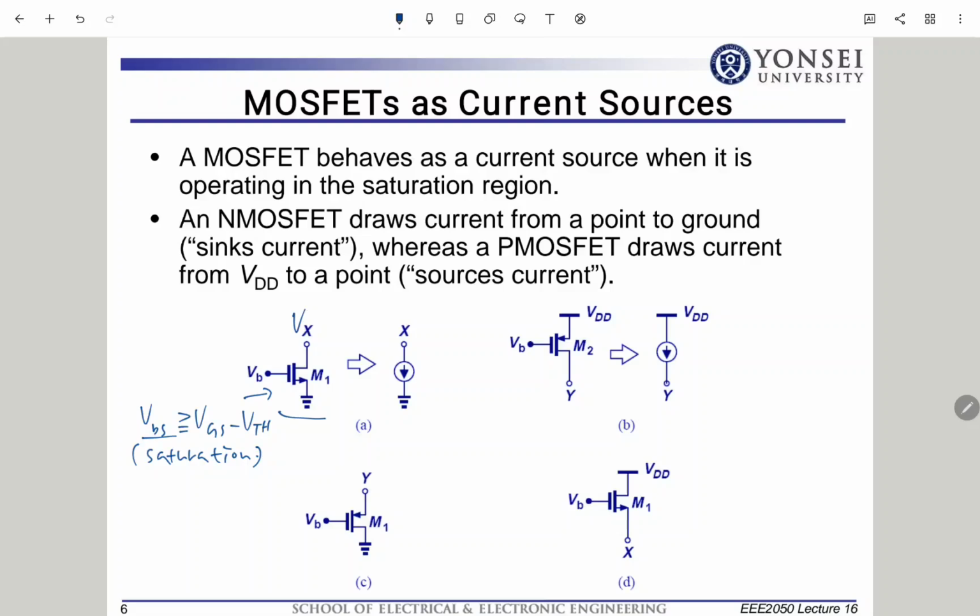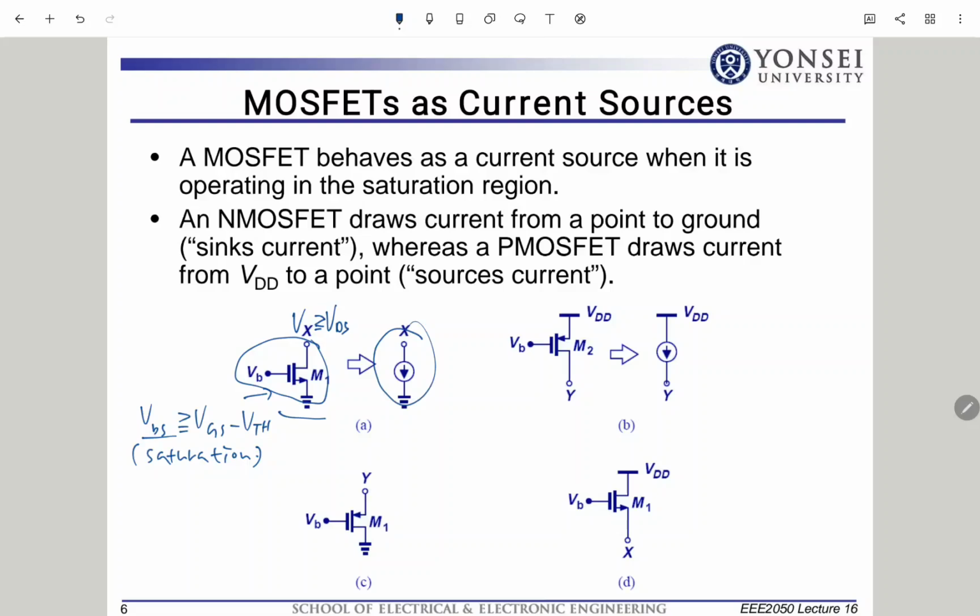Let's say Vx represents the drain voltage. If Vx is greater than the overdrive voltage, then this transistor will provide a constant current. So we can replace this transistor with a current source.